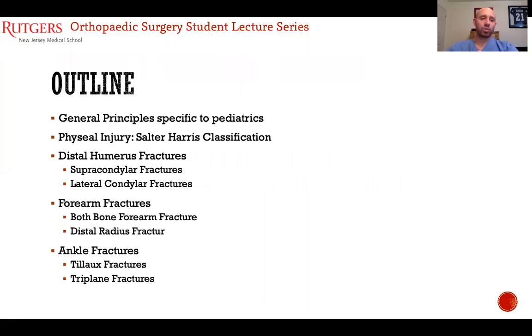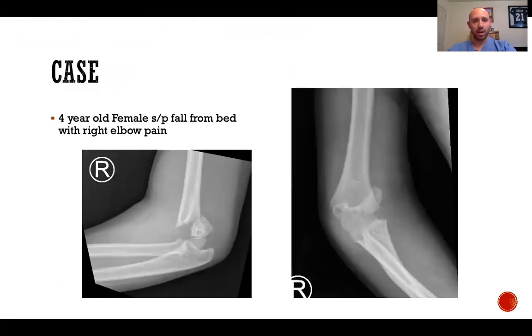So first we'll go into just the general principles specific to peds. We'll talk about physeal injuries and the Salter-Harris classification. And then we'll go into common fractures, which we'll break up into distal humerus, forearm, and ankle.